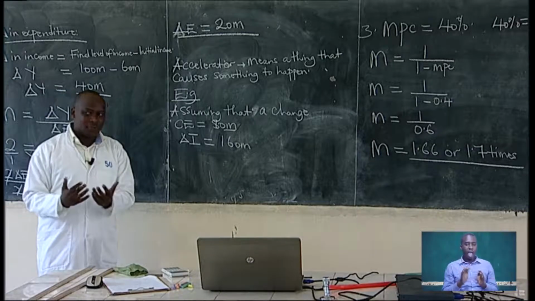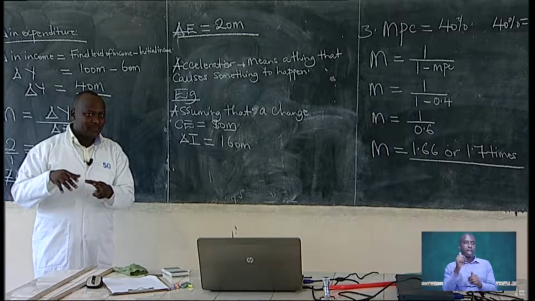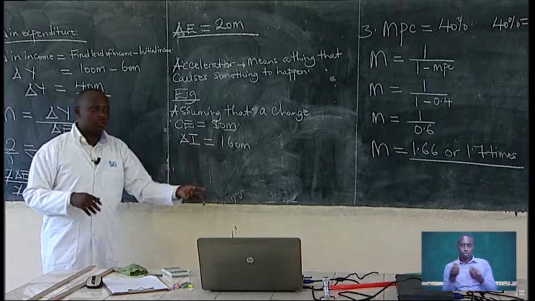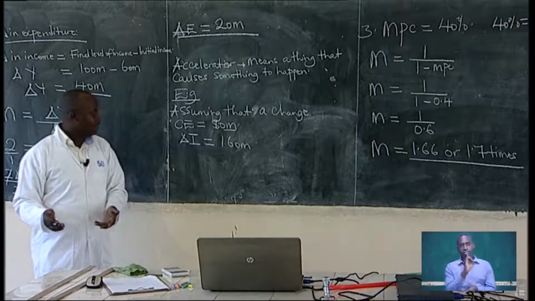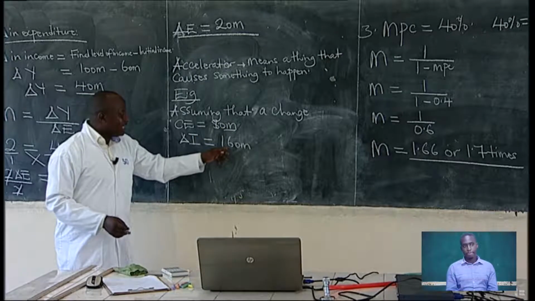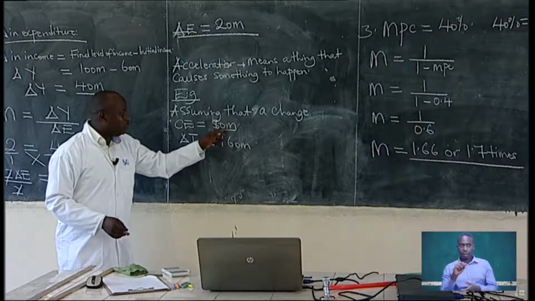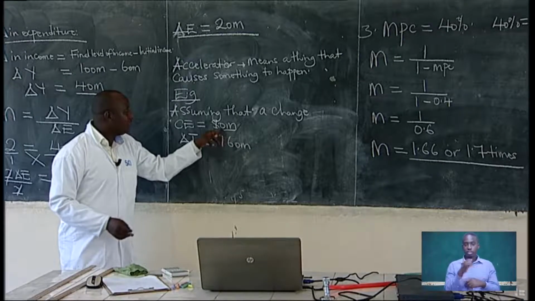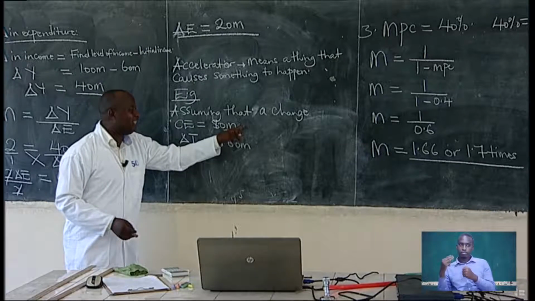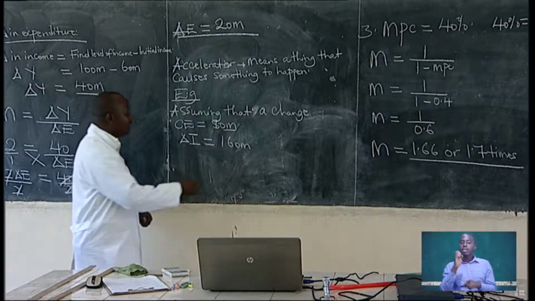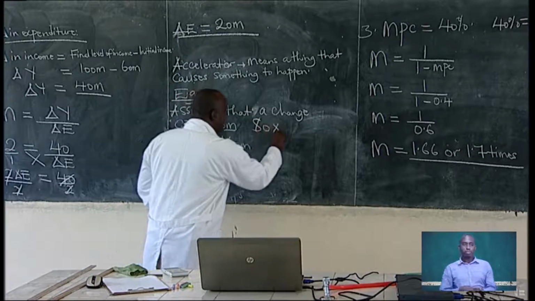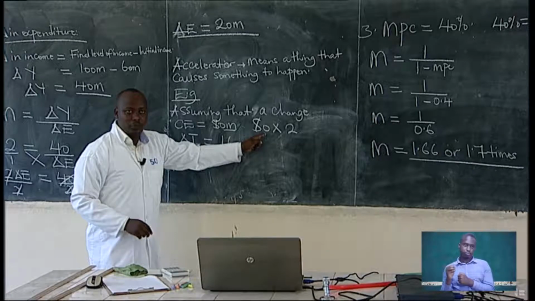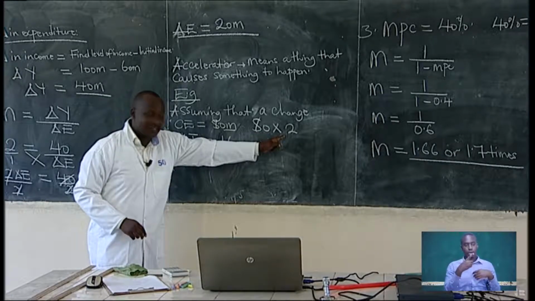The accelerator principle is the number of times the initial change in consumption multiplies itself to give a final change in investment. Now, to get the final change in investment, which is 160 million, the consumption change multiplied itself by 2 times, because 80 times 2 gives you 160.